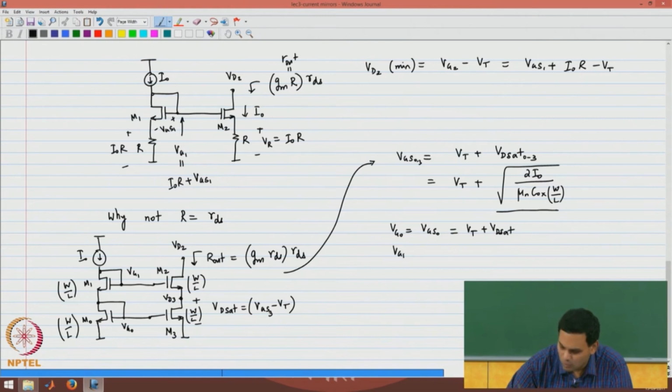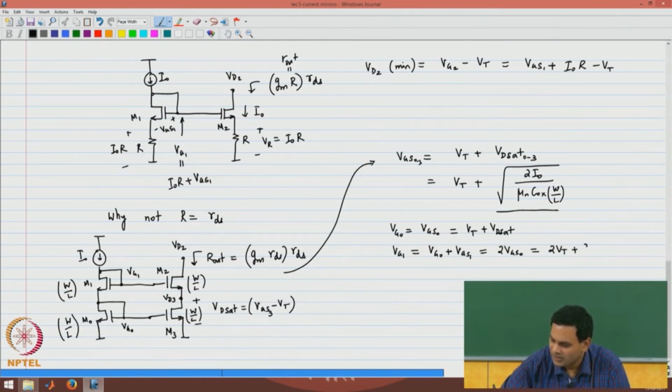Now VG1, which is the gate of transistor M1 here, is at a voltage of VG0 plus VGS1. In other words, it is biased at VGS0 plus VGS1, or 2VT plus 2VD sat.